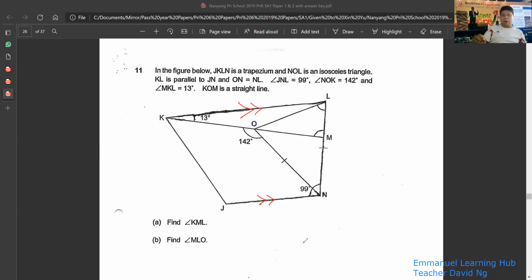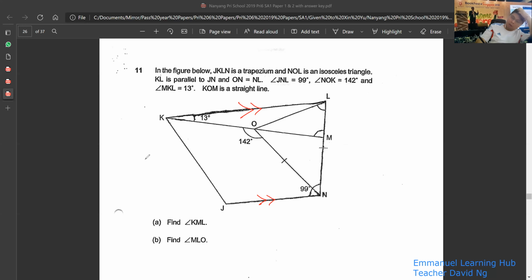So what's the big deal about parallel lines? Why do I say so what? So what if it's parallel lines? That's what I'm saying. What do you think?